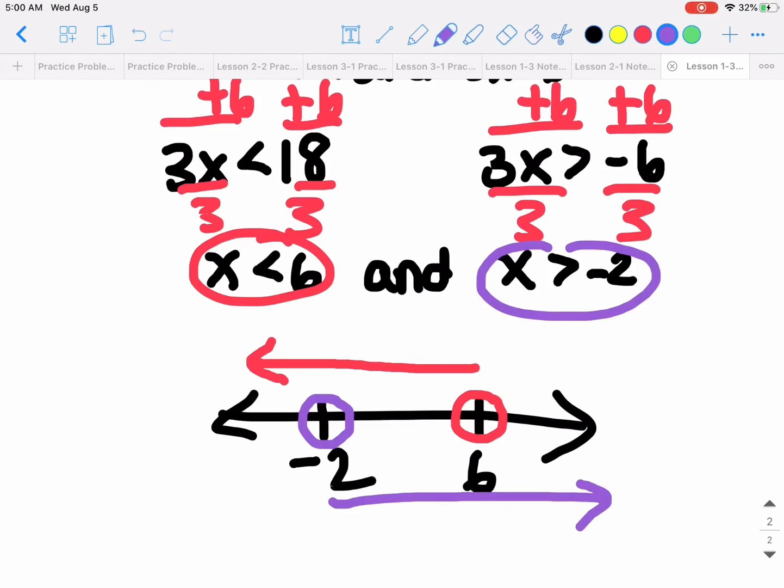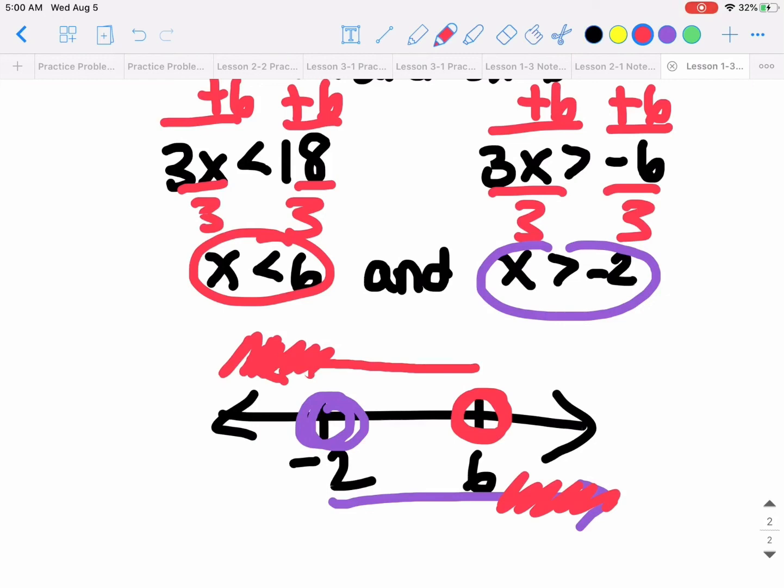This means that it has to be greater than negative 2 and less than 6, so I can't shade this part here, and I can't shade this part here. I can only shade in between those two numbers. The solutions are all the numbers in between negative 2 and 6.